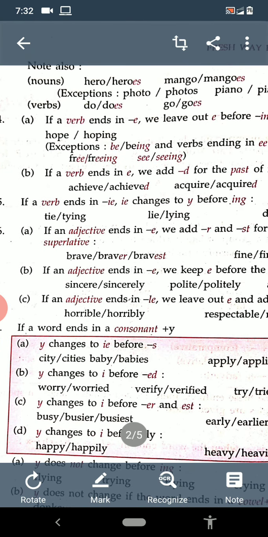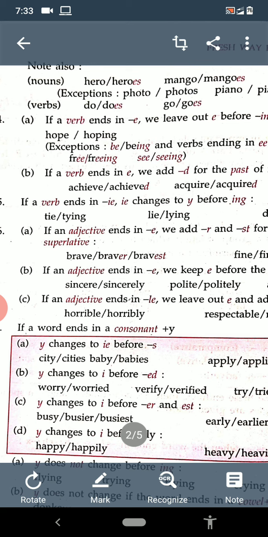If a verb ends in E, we leave E before ing: hope, hoping, be, being, free, freeing, see, seeing. B part, if a verb ends in E, we add D in the past of the regular verbs: achieve, achieved, acquire, acquired, settle, settled.